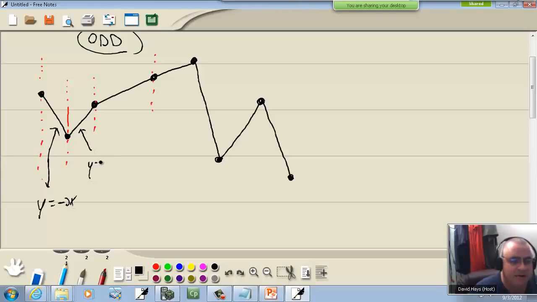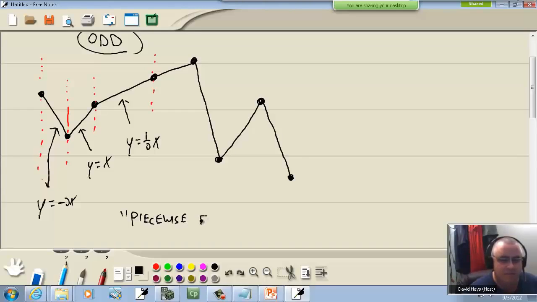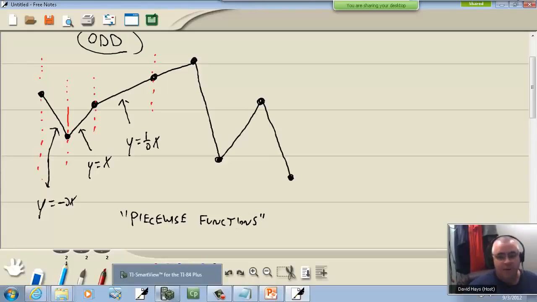Maybe this piece right here is y is equal to x. Maybe this piece right here is y is equal to 1/2 x. So by breaking it into pieces, then we can model it. That's the concept of piecewise functions. We can never get something to completely model our data, but we can break it into pieces, and we can.